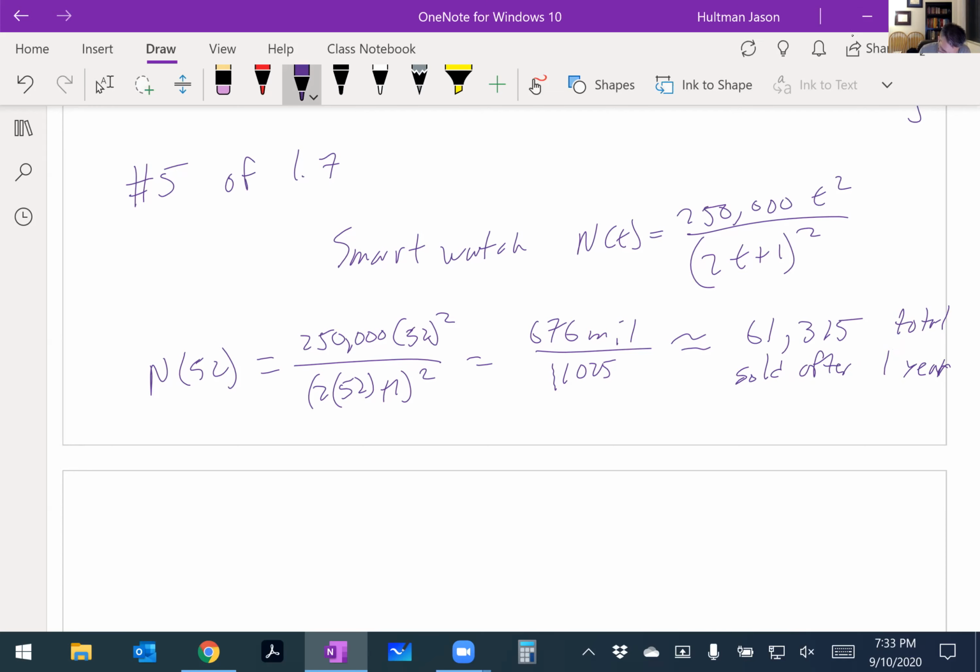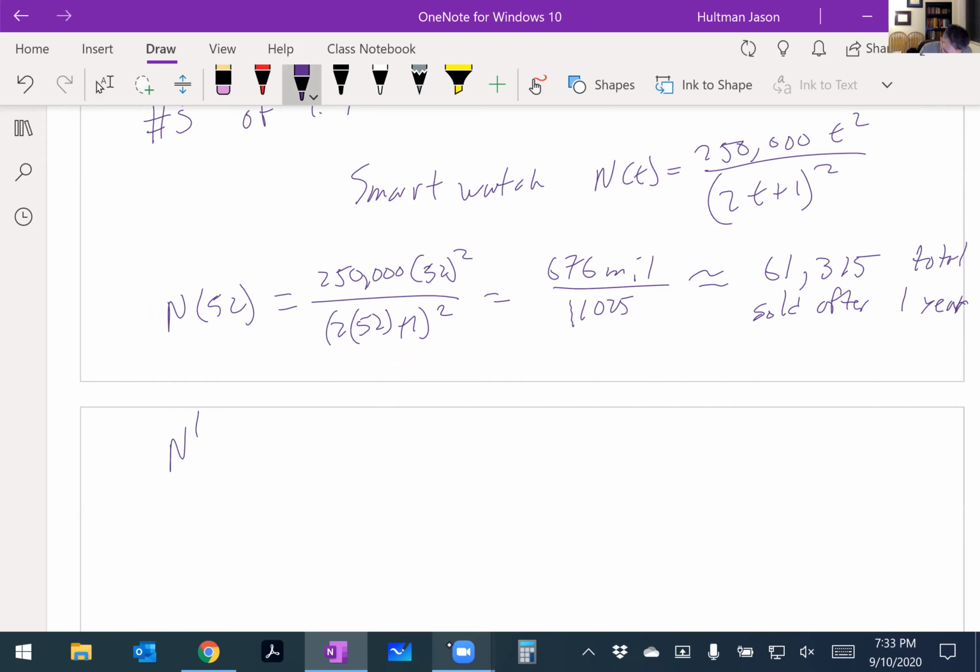Okay, what was N prime of 52? What did we find that out to be? Wasn't that about 22.5 from the previous example? Right, we took the derivative and then we put in 52, after 1 year. Okay, yeah, 22.5. So this is the total number sold.